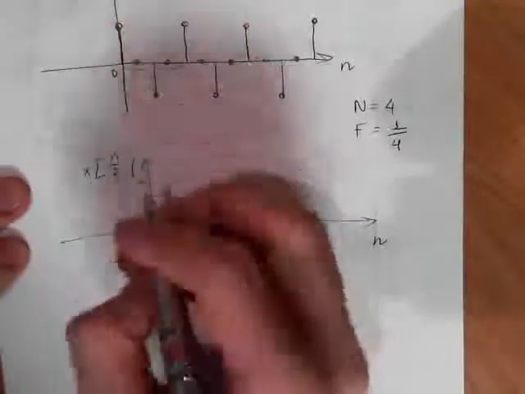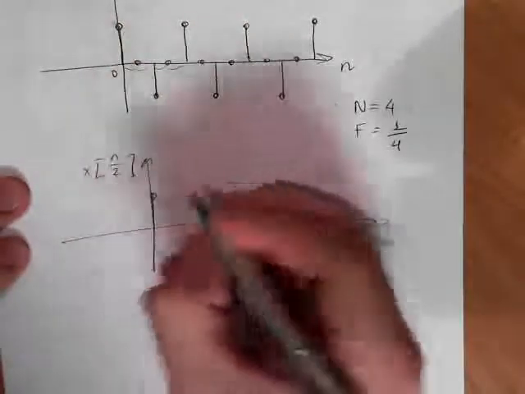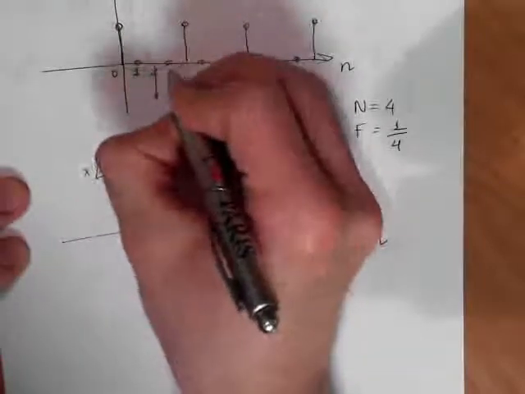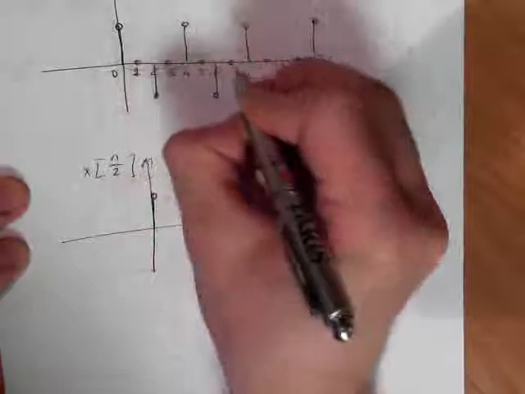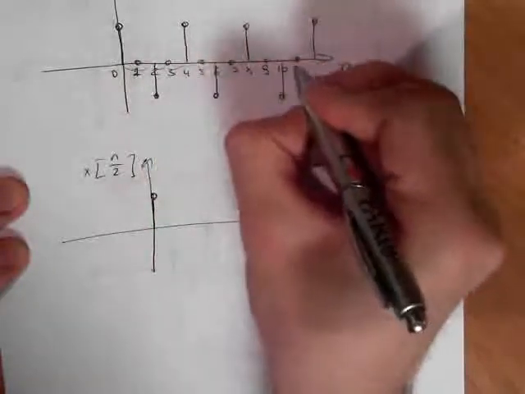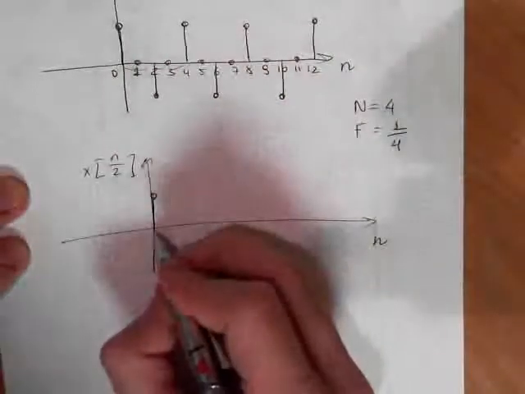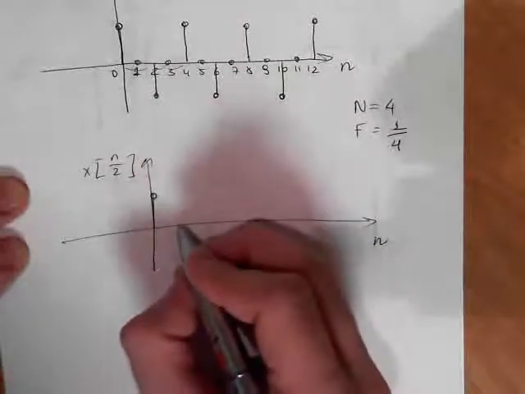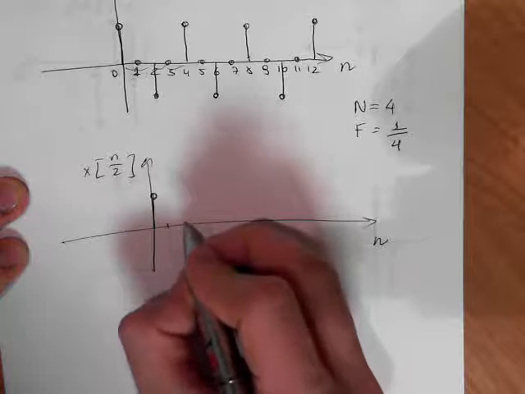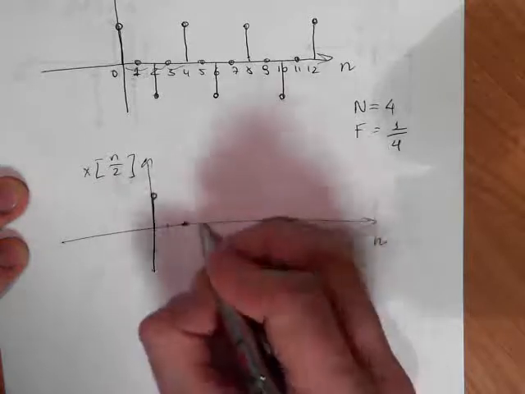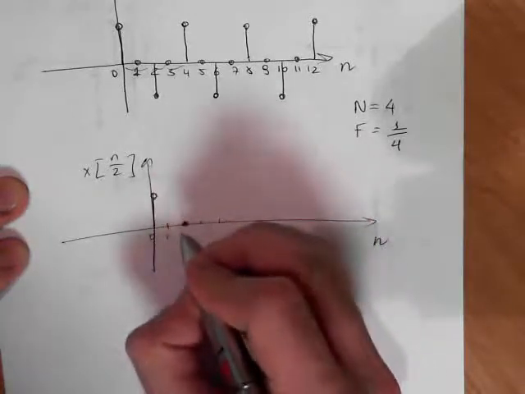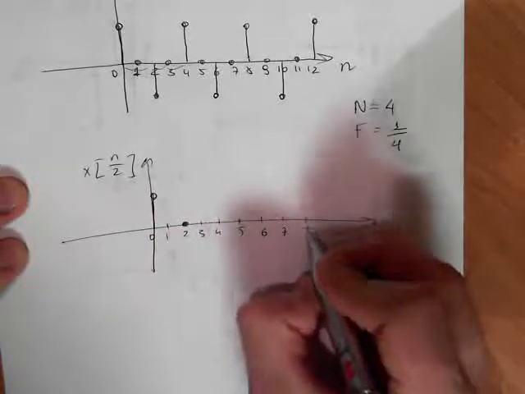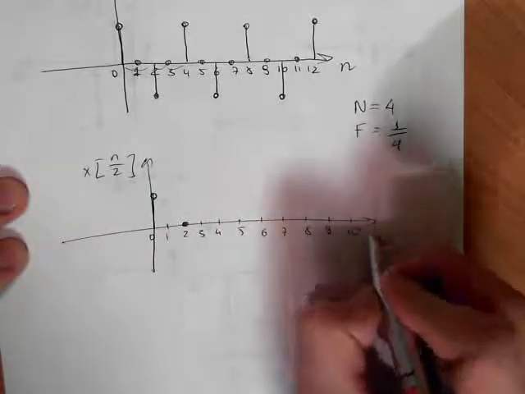So what was on 0 stays on 0. What was on 1 goes on 2, so on 1 it is 0. Counting 0, 1, 2, 3, 4, 5, 6, 7, 8, 9, 10.